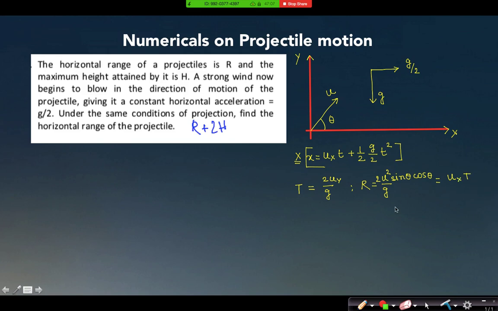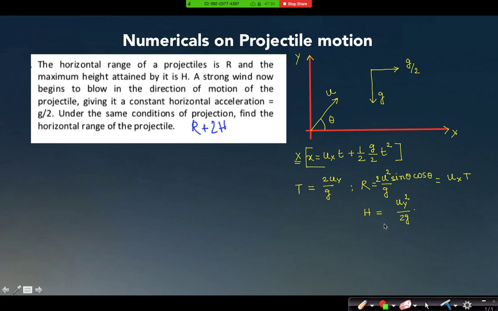Yes, sir. Range was ux into capital T. And what was the maximum height? Can you tell me what was the maximum height? u square sin square theta divided by 2g. Can you remember it is uy square divided by 2g? Yes, sir.